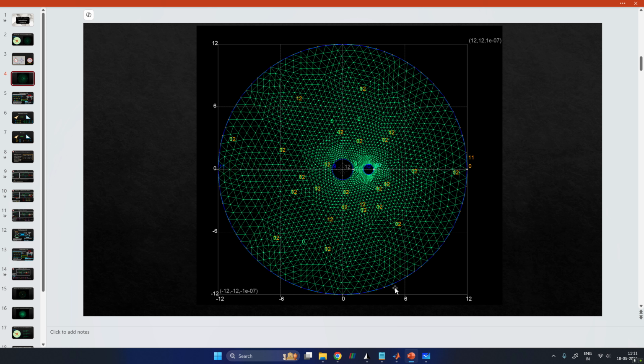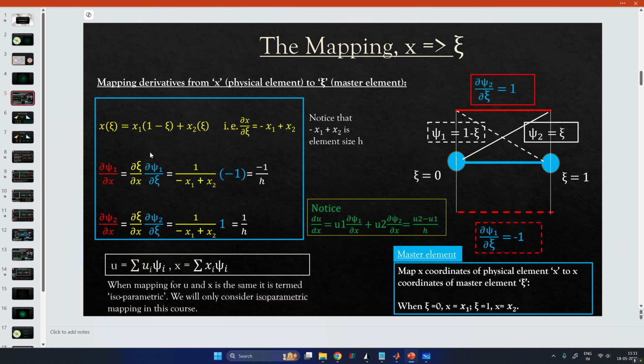So now we have taken a look at the shapes. Now let's think of how to model those derivatives inside those shapes. In the 1D case, this was very simple, mapping x to psi. We just used the chain rule, and basically you can think of dx by dxi as the ratio of your physical to your master element.